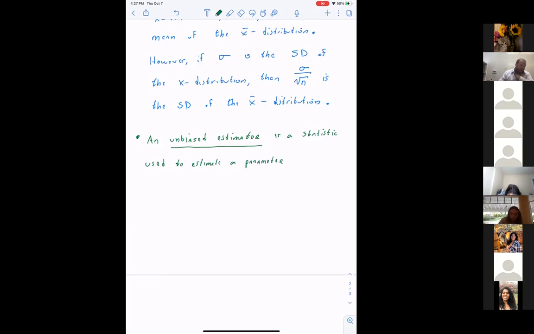It's a statistic used to estimate a parameter where the mean of the statistic's distribution is the same as the mean of the underlying population.